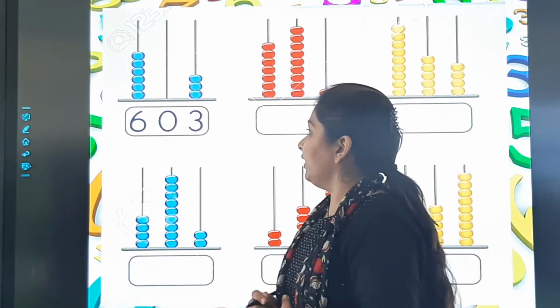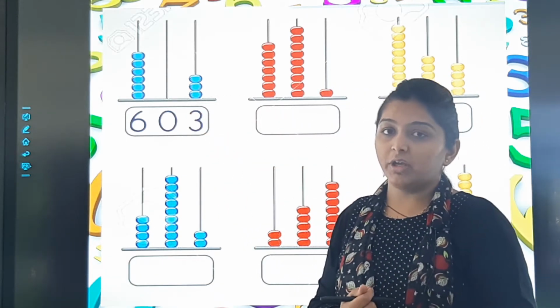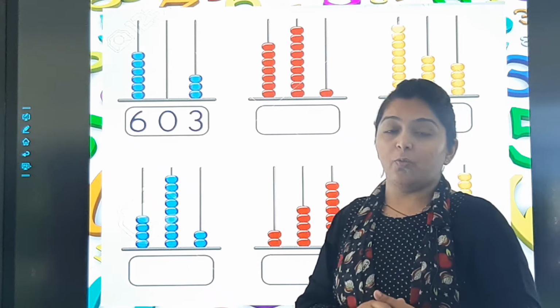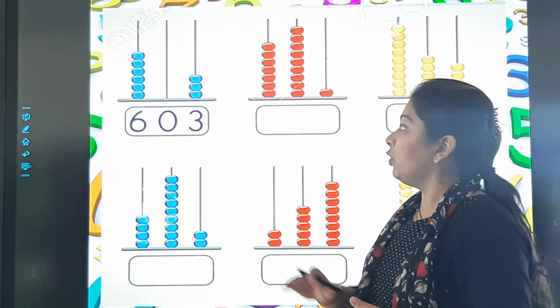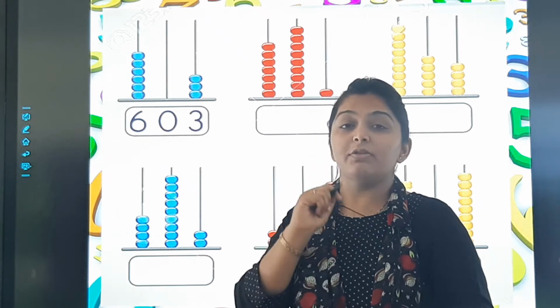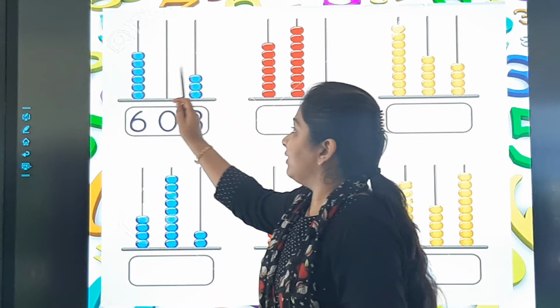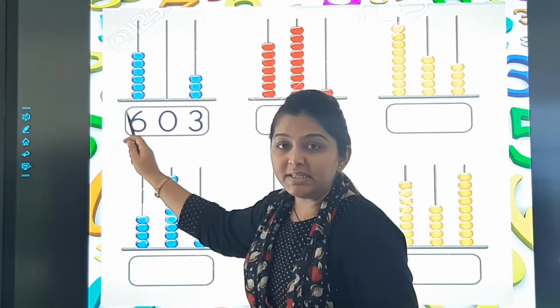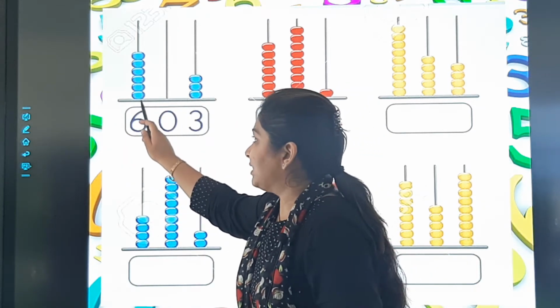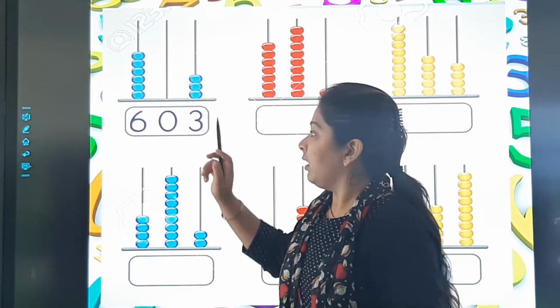See dear children, now here some different abacuses are given to you. Okay? Some sums are given to you. What you have to do? You have to count the beads. First of all, before counting the beads, you have to understand that the line of this bead is for hundreds place, tens place, ones place.